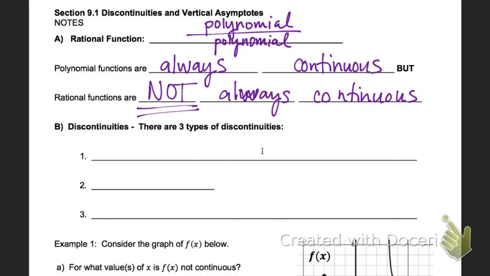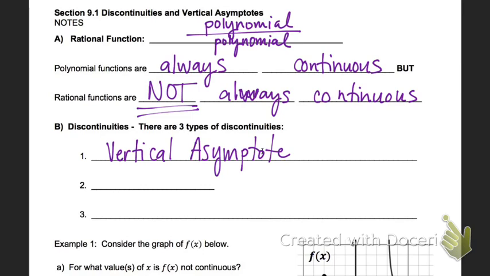So there are three ways, when you're looking at a graph or an equation, that you can tell where there's a discontinuity, which means there's a break in the graph, or an asymptote, or a start and a stop. The first way is a vertical asymptote. If you have a vertical asymptote, part of the graph could be down here, part of the graph could be up here.